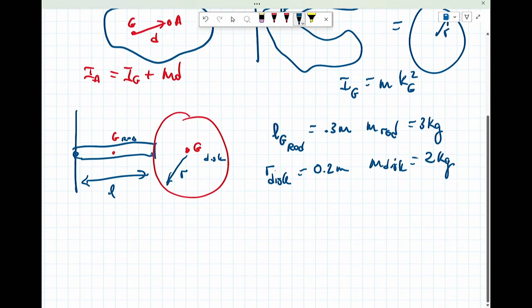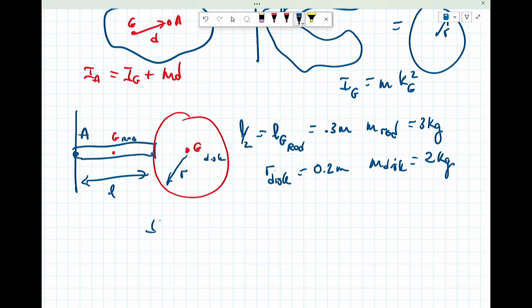If you want everything with respect to point A, which is something you often do, you can shift everything to this point. Length of the rod, L_G of the rod is really going to be L over 2, so I just leave it at that.